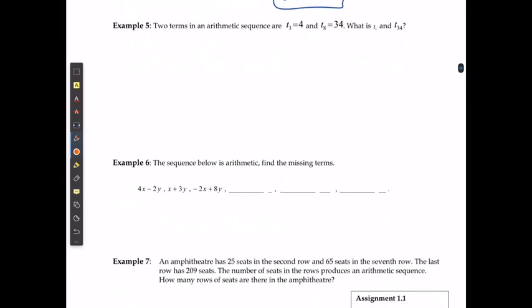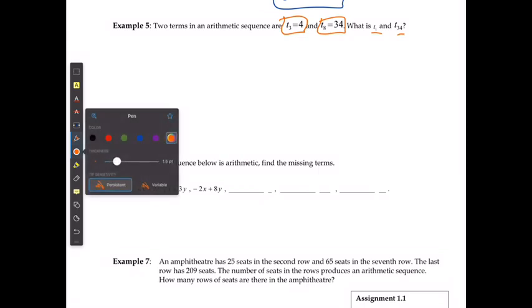For example 5. Now it gives me the value of 2 of the terms, the value of term 3 and the value of term 8, and it wants us to solve term 1 and term 34. Well, obviously I don't know term 1 because that's something I'm going to be solving. But I know term 3 and term 8, which means I actually have enough information to solve for what my difference is.